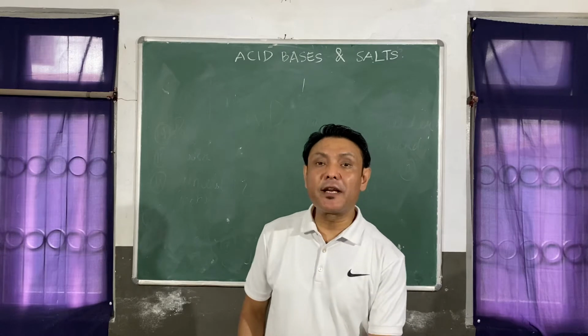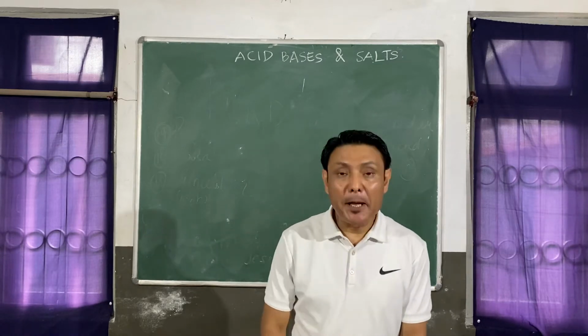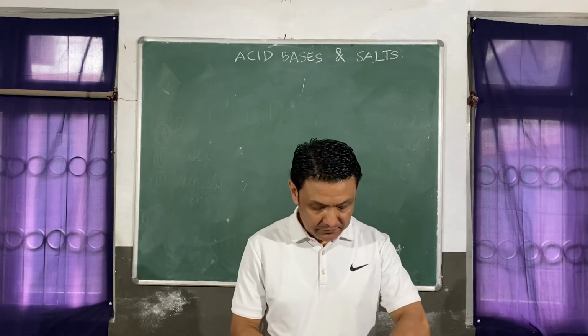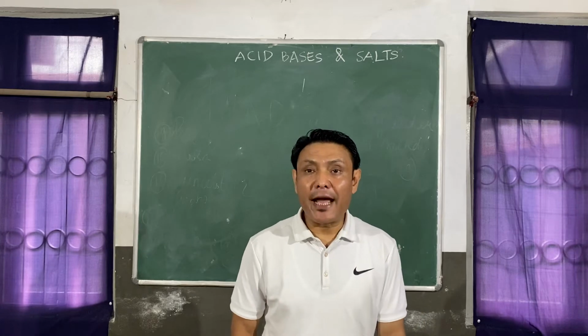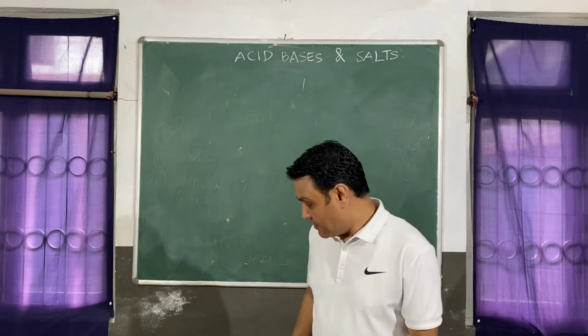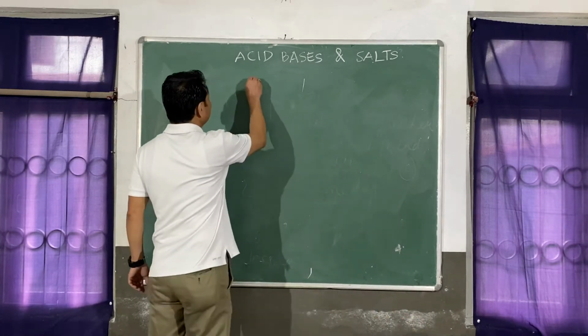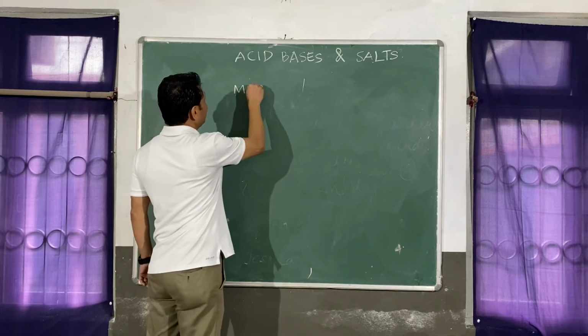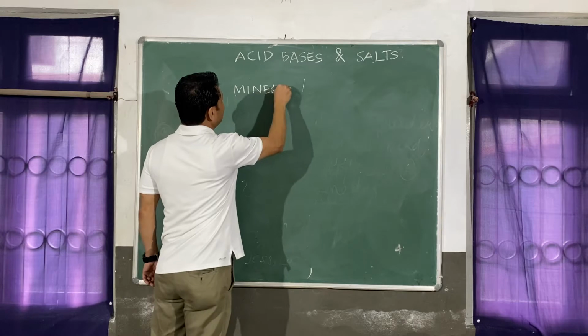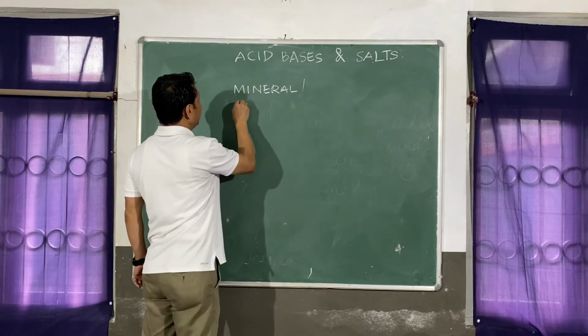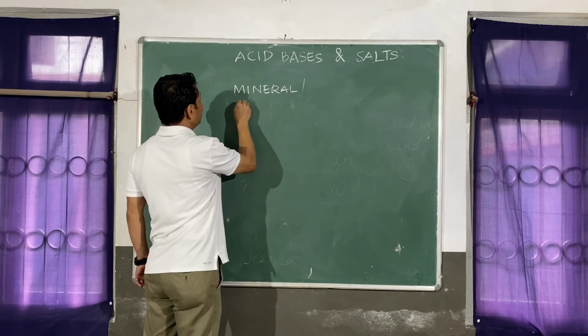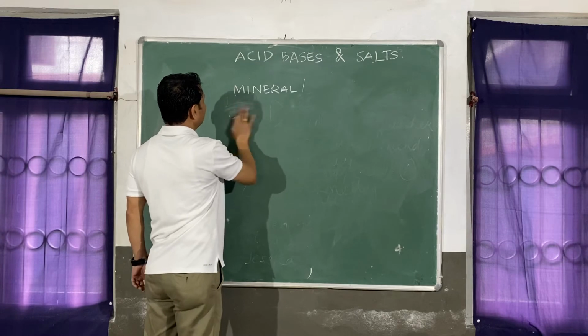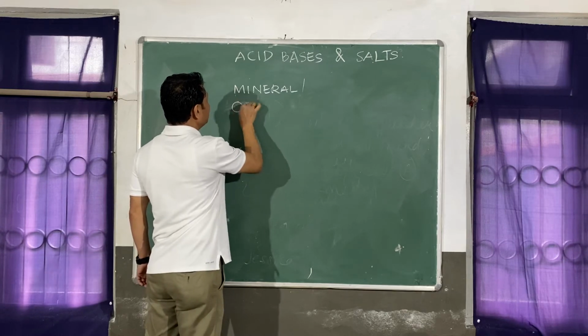So let me start with acids, bases and salts. Let me talk about the acid first. When we talk about acid, we have different types of acid: mineral acid and organic acid.